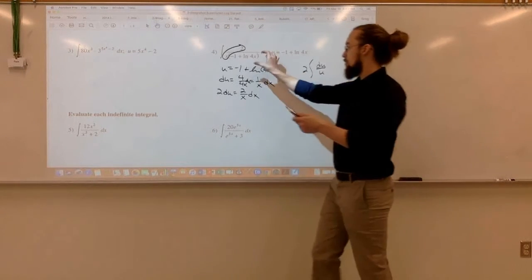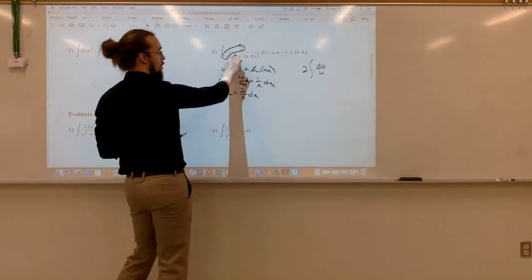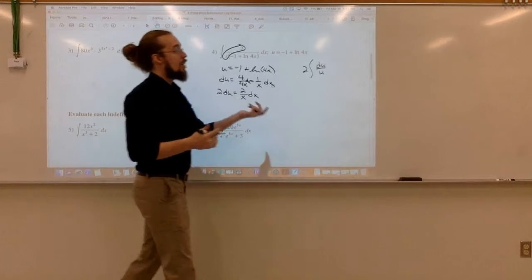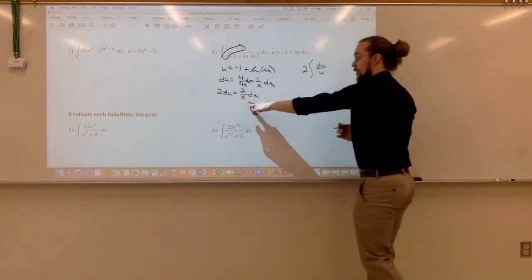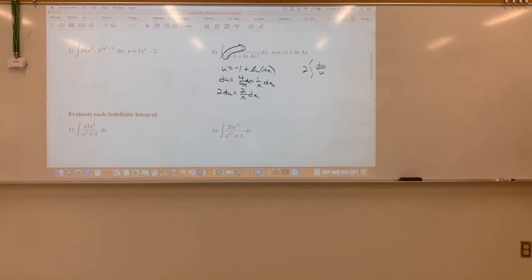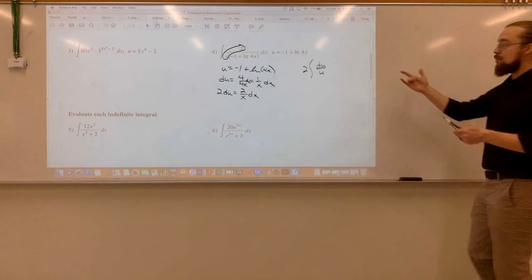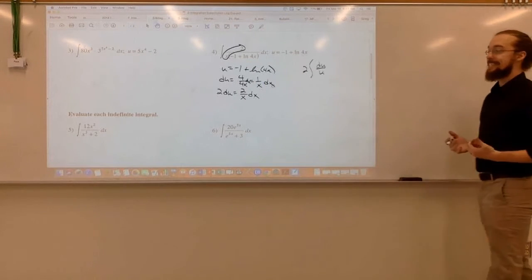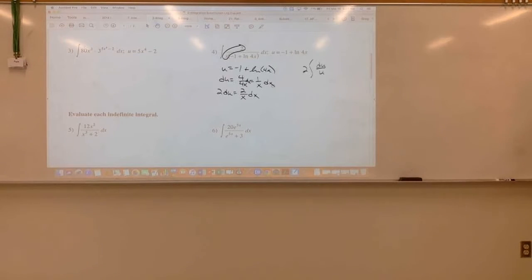So since this is a fraction, that's probably where that messed people up, right? We've got 2 over x, but we're defining 2 over x to be my du. So that would actually just go in the numerator. My du over my u. So this is the case where we have a natural log.